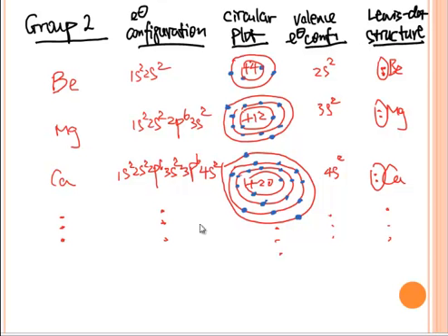As we go down, we can probably predict the next one. That will be barium for this group, with a pair of dots in the Lewis dot structure, and the valence shell electron configuration will be 5s2. Now I start looking at another correlation: beryllium is on period 2, and it ends up with 2s2.